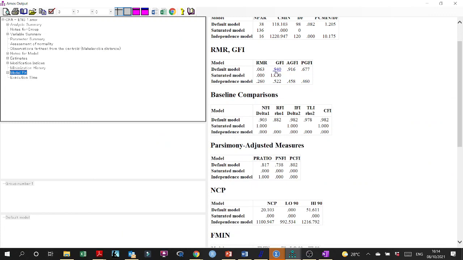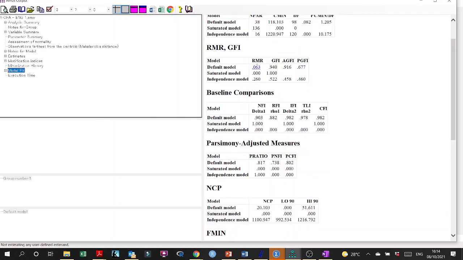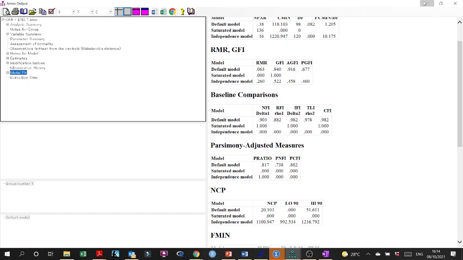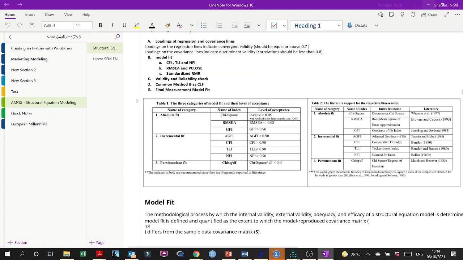So let's take a look at our RMSEA and GFI. Here's the GFI, very good, because GFI is greater than 0.9.